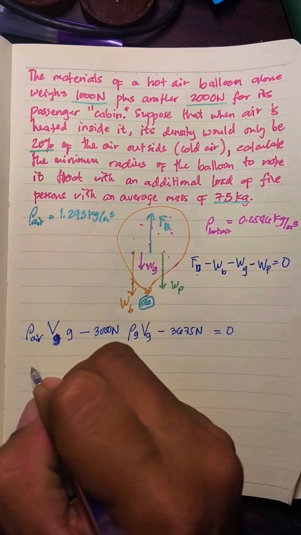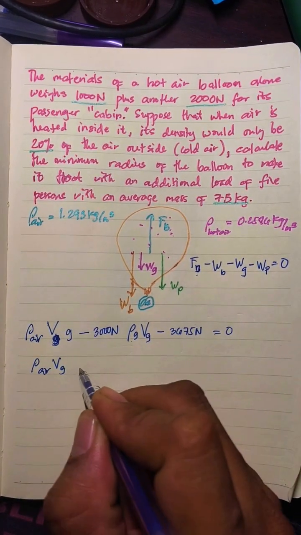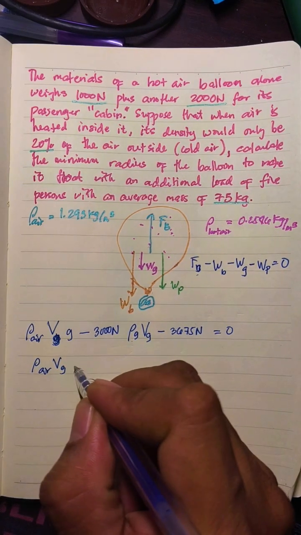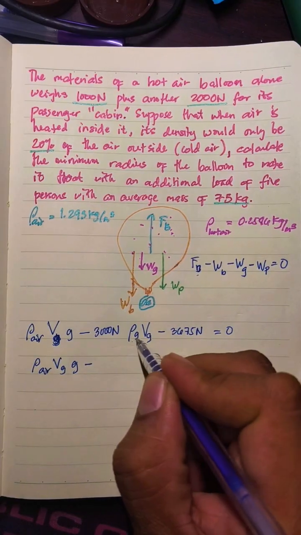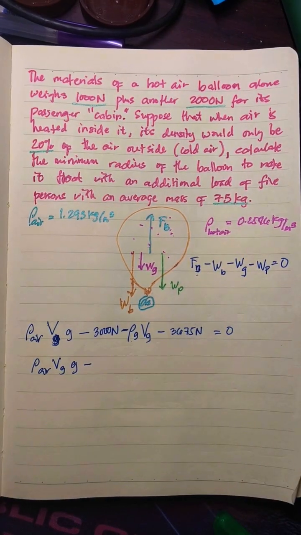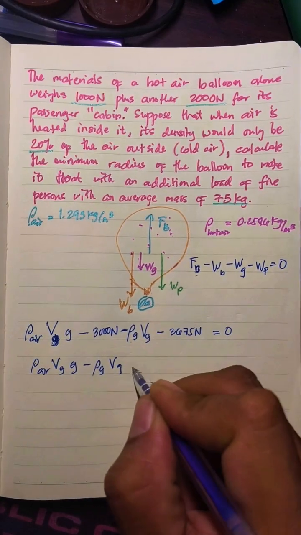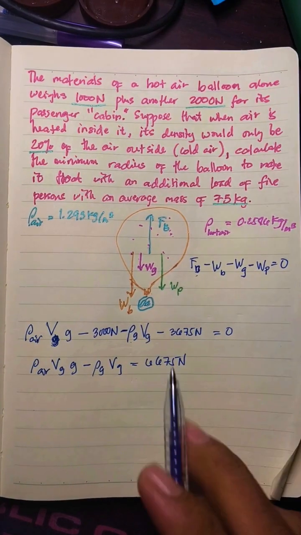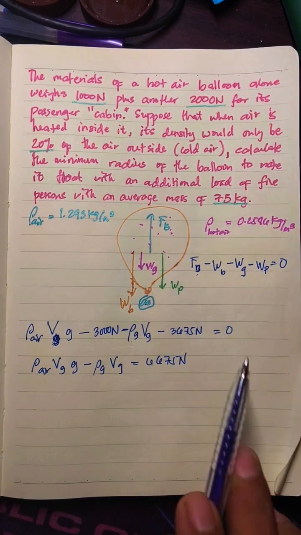You have now density of air times Vg times g, minus rho G Vg equals 6,675 newtons. That would be the sum of these, which I have moved here.